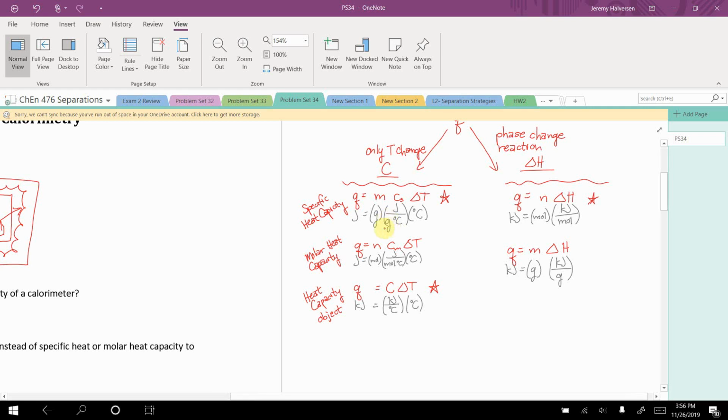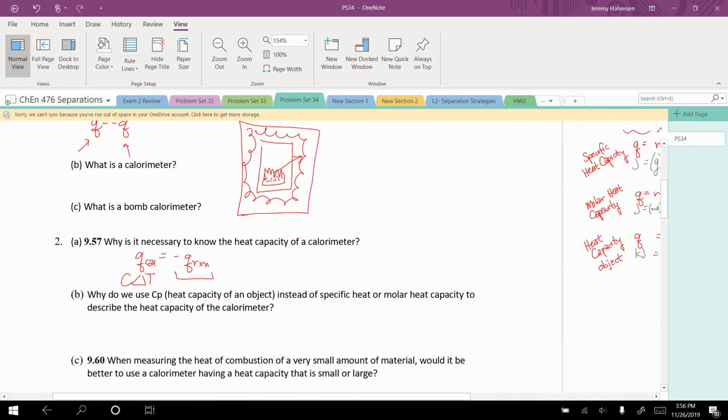Because we don't need to specify the number of grams or the number of moles. A bomb calorimeter is literally an object. You can't have different amounts of it, and so we just absorb that m and c together. We use a big C because it's just an object.